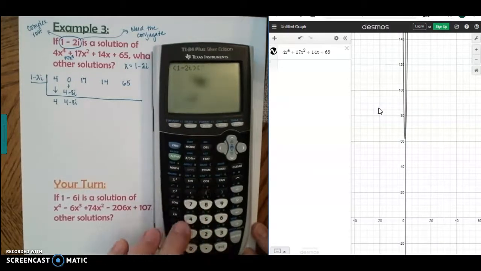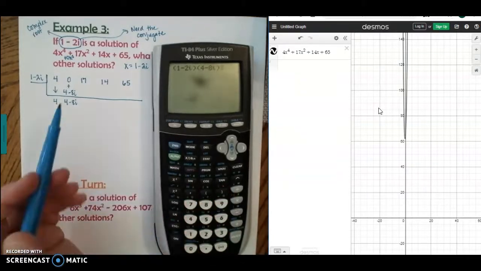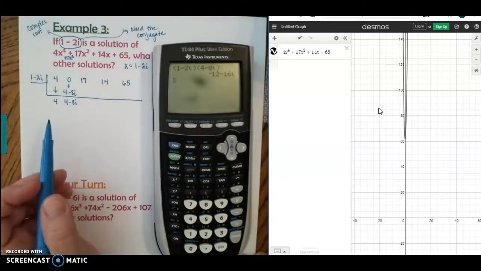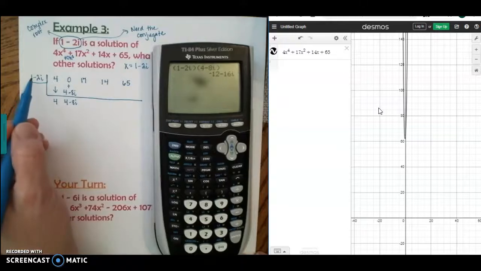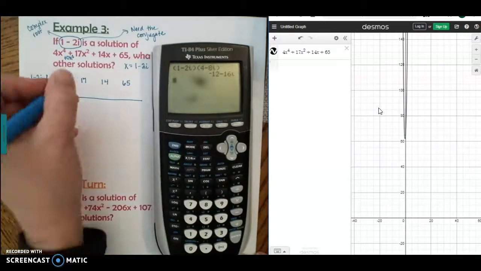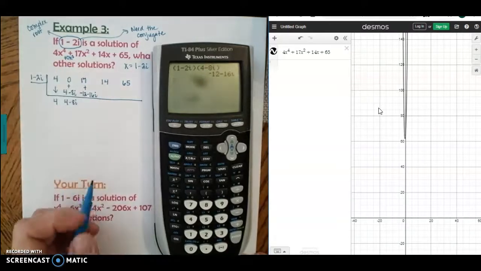And we're going to multiply that by 4 minus 8 second decimal to get i. Okay. And when you hit enter, it's going to tell you that solution is negative 12 minus 16i. So don't forget, we multiplied here, our solution is going to go here. So negative 12 minus 16i.